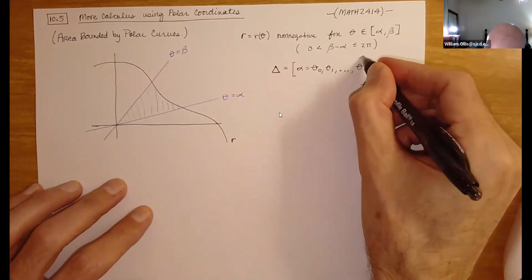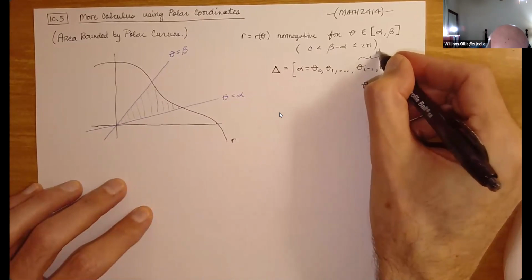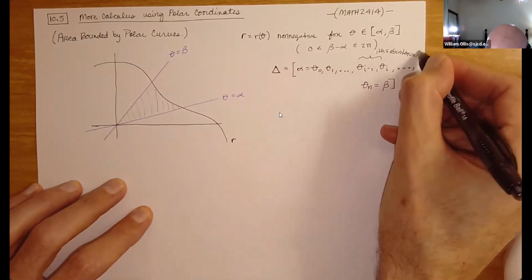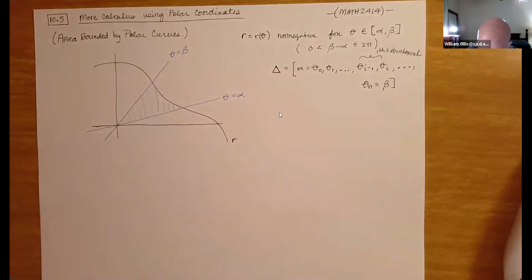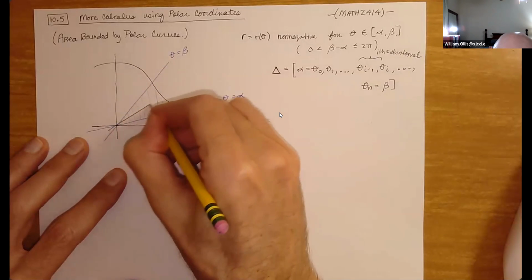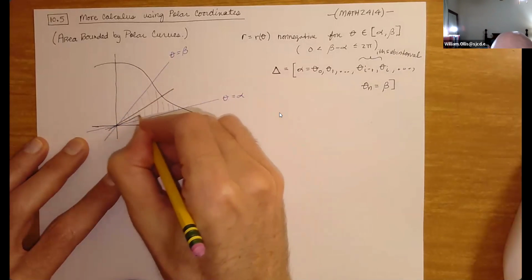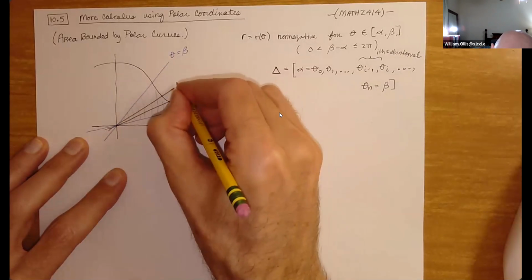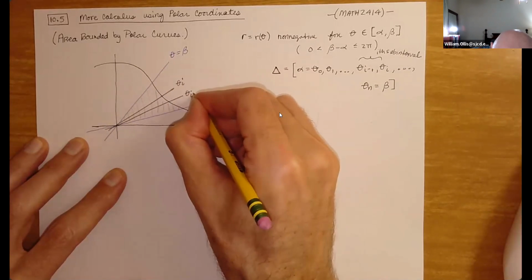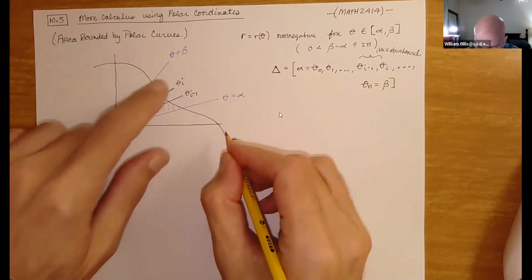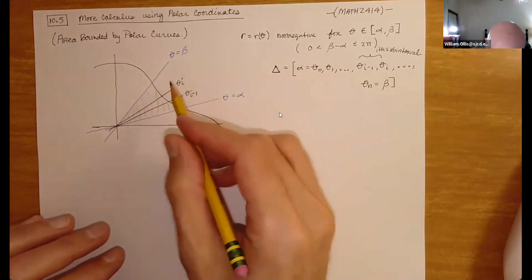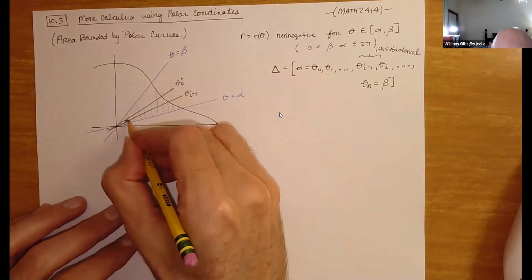So this is our ith subinterval, just like in calculus 1. Theta sub i minus 1 is theta equals that, and theta i is theta equals that, but of course I run out of letters, so we'll just leave it like that. And then we look at this.